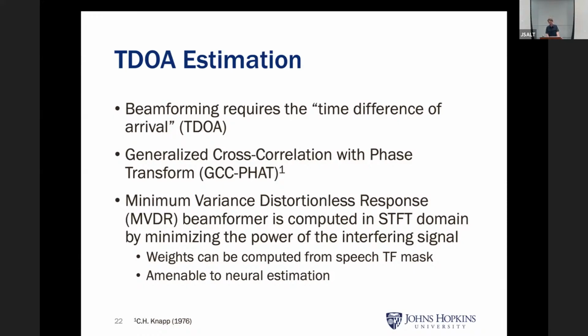The short explanation is that it's a way to do beamforming in the spectral domain based on just an estimate of your target signal. So this is really amenable to neural network approaches, where maybe you can estimate where the speech is in a spectrogram, and then use that estimate to do beamforming.